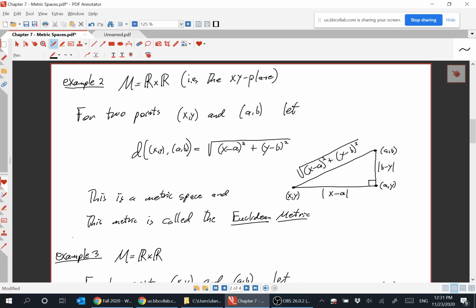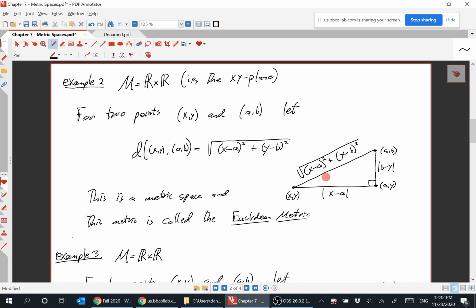And the first metric space is this standard one. The distance between these 2 points is the square root of the change in x squared plus the change in y squared, this Euclidean metric, which satisfies this Pythagorean identity here.